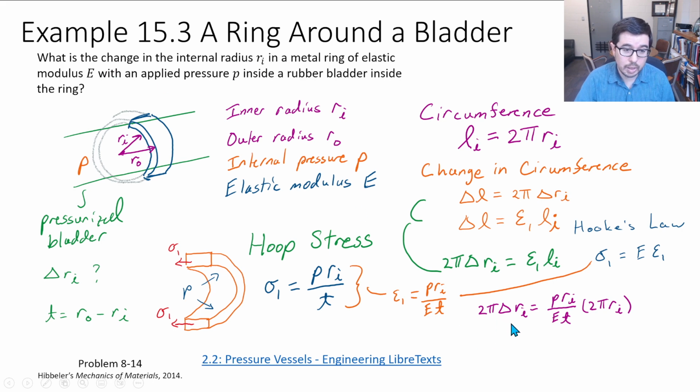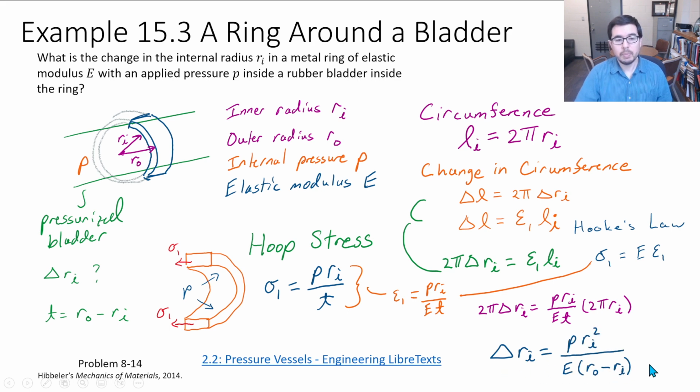And so we have 2 pi times the change in internal radius equal to this expression, 2 pi, this Ri times Ri becomes Ri squared, and we get the following result. So not too difficult to follow if you keep track of all the steps, but maybe a little bit tricky to do if you haven't seen the problem before. Which is maybe an obvious statement, but that's often the case with these.